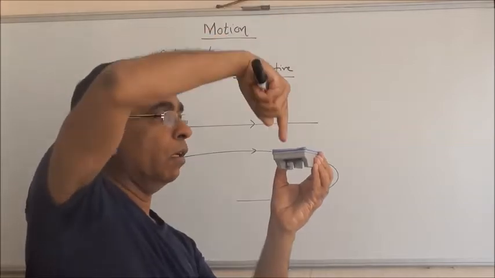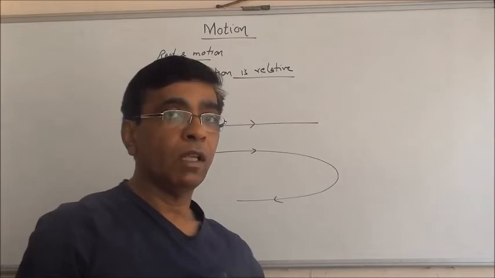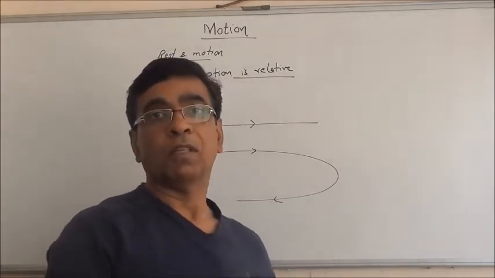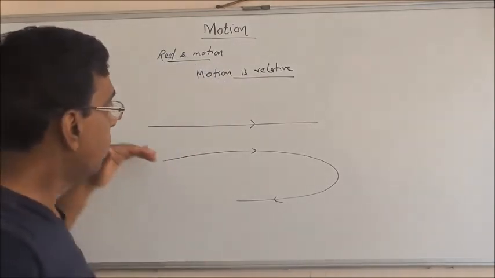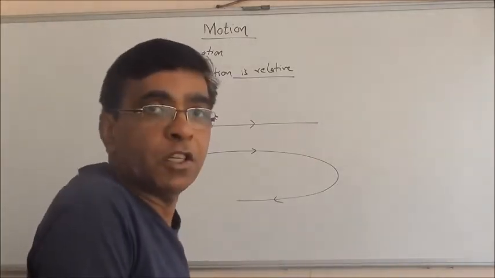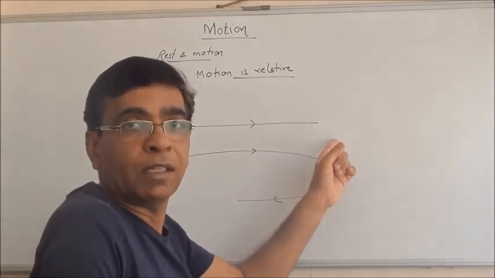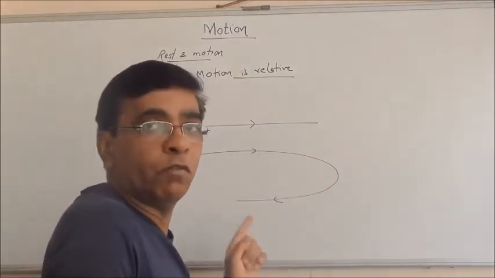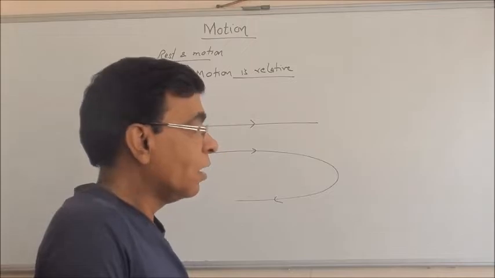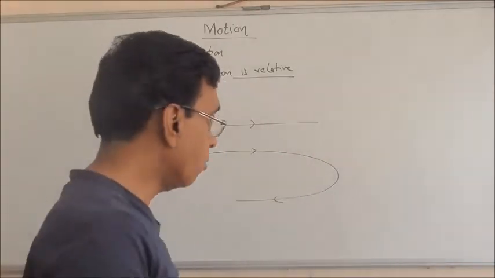This line around which the body moves, we call the axis of rotation. So motion along a line is translational motion: straight line, we call it rectilinear; curve, we call it curvilinear. If it is around a line, we call it rotational motion.